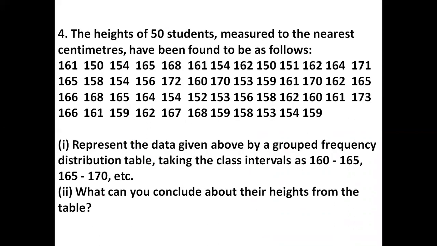Now the next problem, the fourth problem from exercise 14.2: the heights of 50 students is measured to the nearest centimeter and it is given. We need to represent the data by a grouped frequency distribution table, and here they have told us to take the class intervals of 160 to 165.